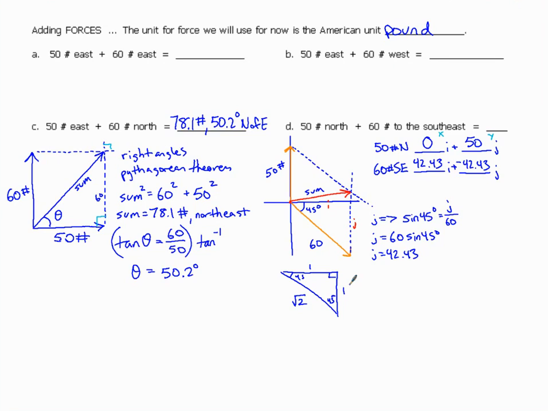To find the sum, we add these two things together. Sum of the i's, sum of the j's.